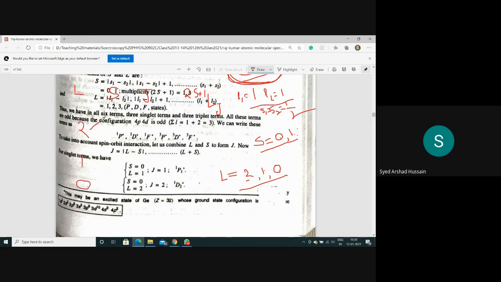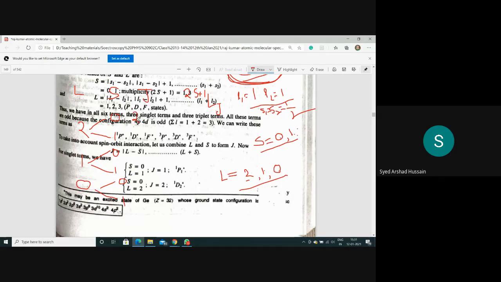Now what we will do, L is 2, 1, 0. Now 2 will interact with S equal to 0 and S equal to 1, 1 will interact with S equal to 0 and 1, 0 will interact with S equal to 0 and S equal to 1. Then according to spin orbital interaction, J due to interaction between L and S, J is equal to L plus S to L minus S. So 2 plus 0 is 2 and 2 minus 0 is again 2.